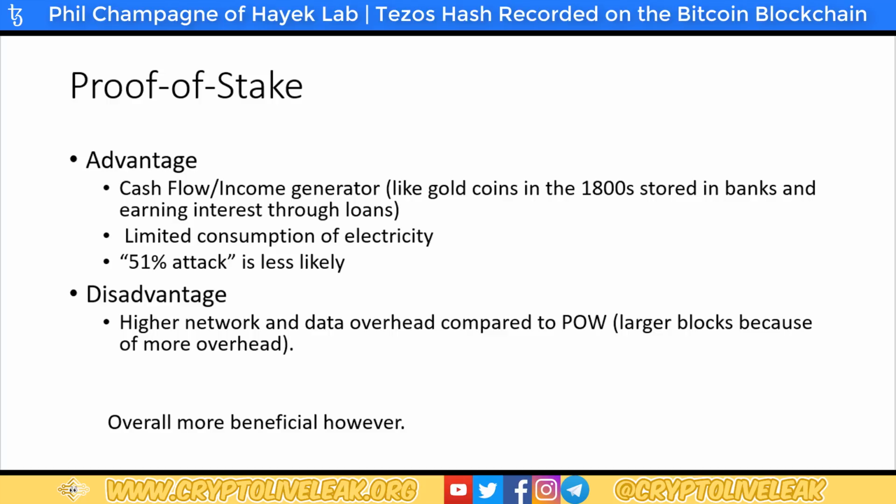I'm not talking about the transactions themselves. I'm talking about the block overhead to maintain the network, decide who will be the bakers baking which blocks, and who will be participating in verifying it. These are other aspects that we need to consider. There's more overhead, and so that's the disadvantage.